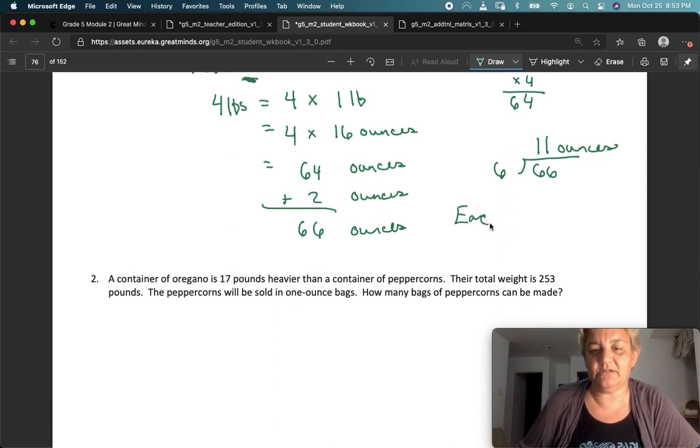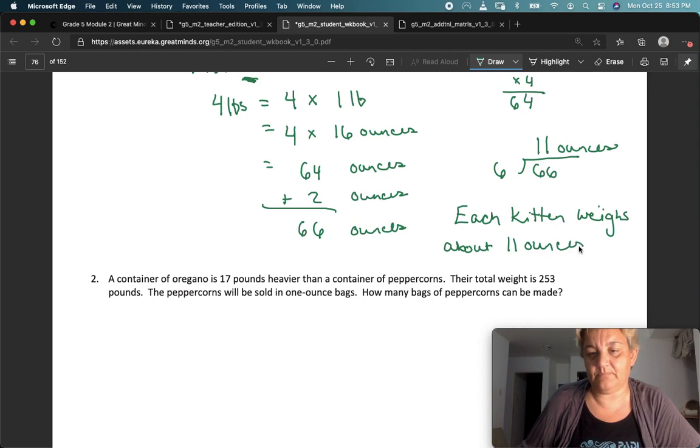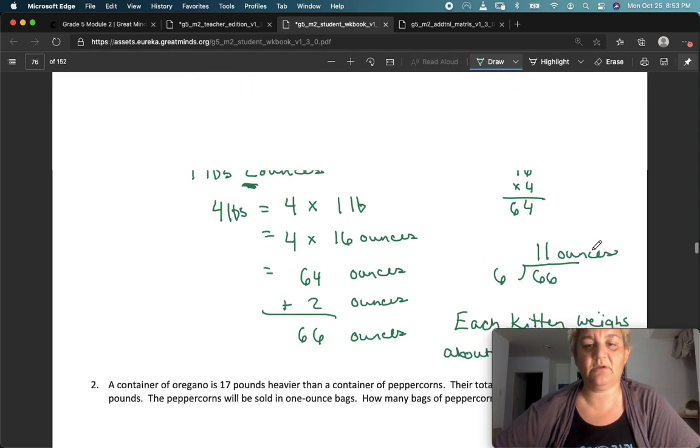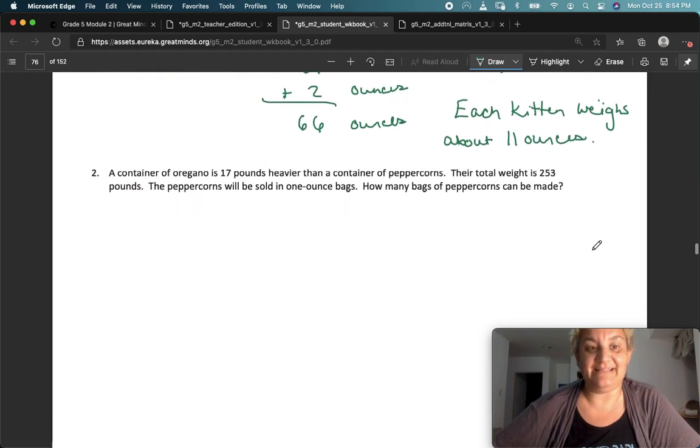Each kitten weighs about, and I'm saying about because maybe one kitten weighs 12 and one kitten weighs 10, but the average is 11 ounces. Okay, period. Great. That one's cute. I can imagine Liza's kittens running around.